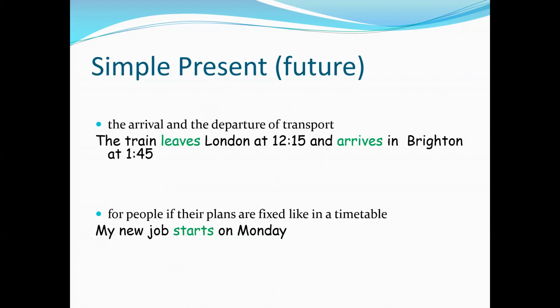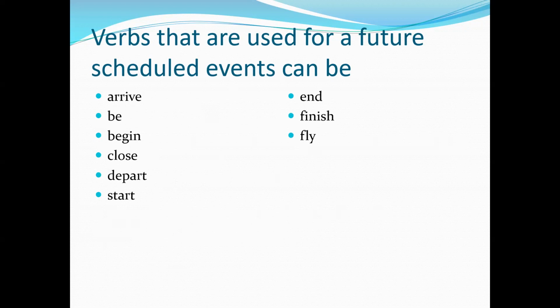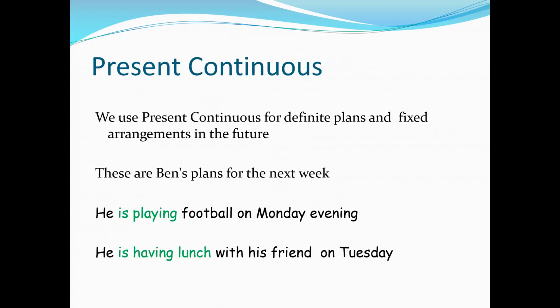My new job starts on Monday. Verbs that are often used for future scheduled events can be arrive, be, begin, close, depart, start, finish, fly, leave, open, and of course many different verbs.